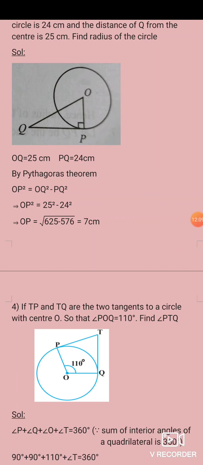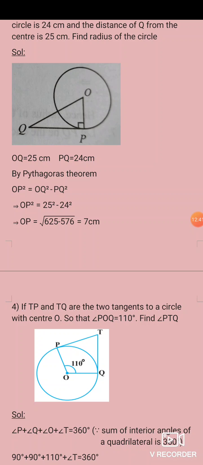Now the next question. If TP and TQ are the tangents to a circle with center O, so that angle POQ is equal to 110 degree, we need to find angle PTQ. So angle P and angle Q are 90 degree. Why? Using theorem 1, OP is perpendicular to the tangent TP, same as OQ is perpendicular to the tangent TQ.